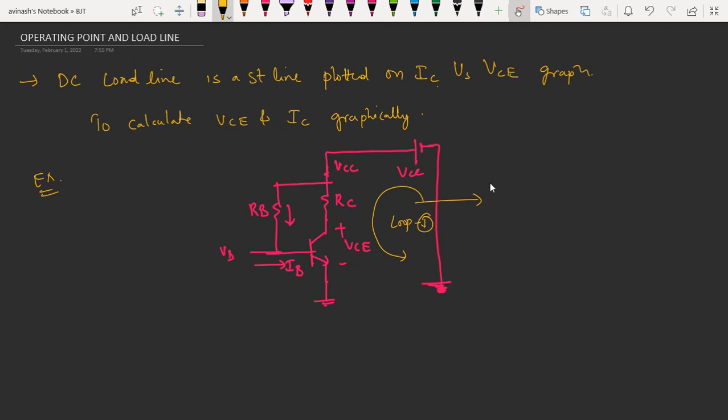This is nothing but the collector loop or output loop, anything you can say. So what we can write from this loop? Minus VCC plus the current flowing through this part, IC, into RC plus VCE is equal to 0, as there are no other voltage drops here.